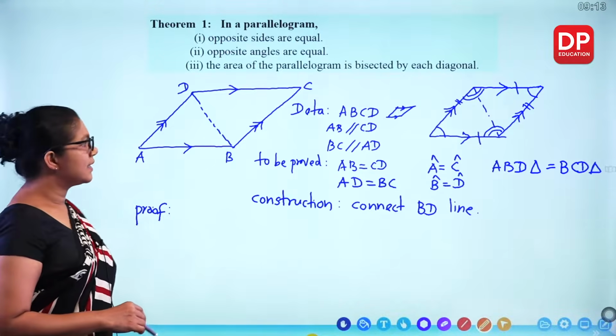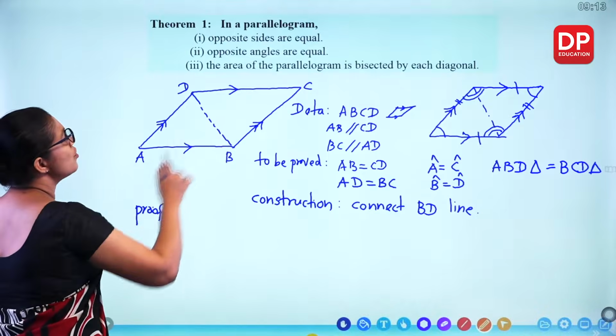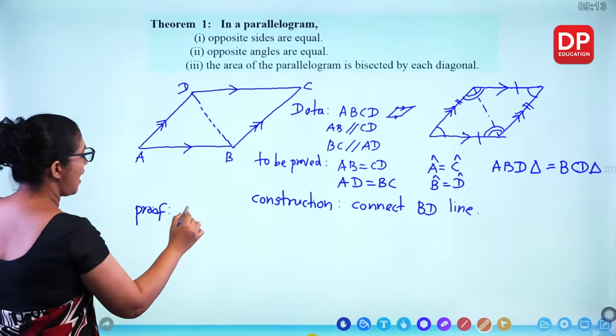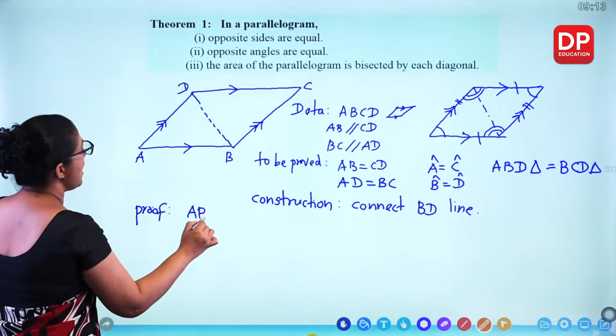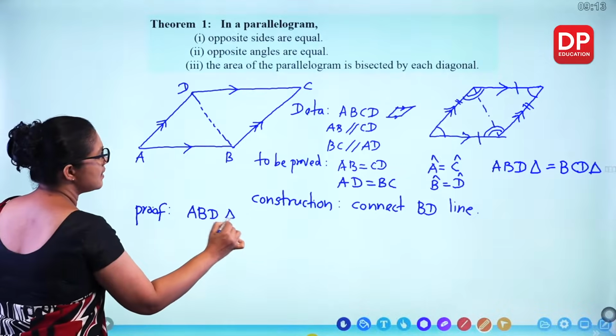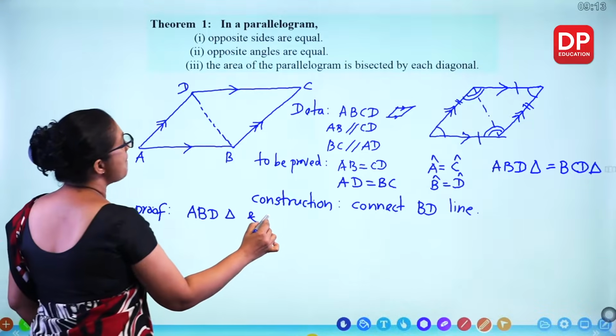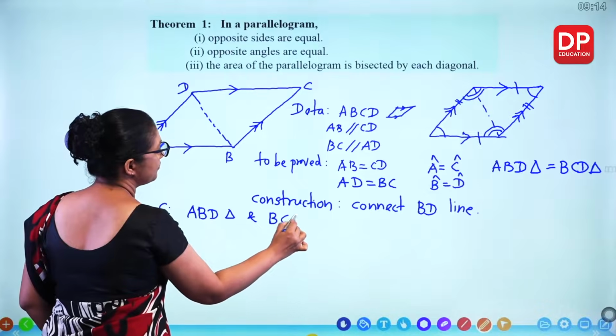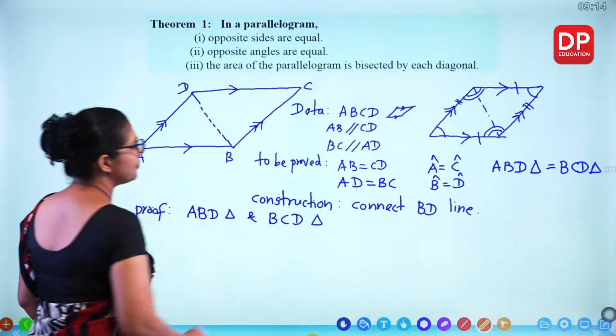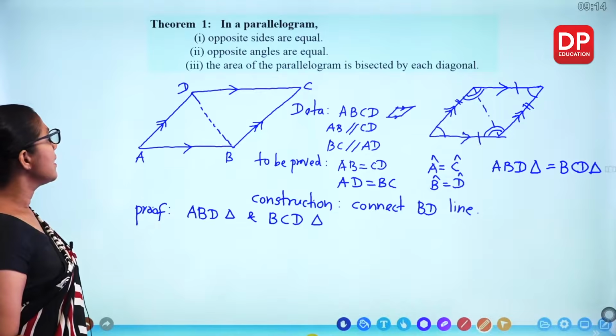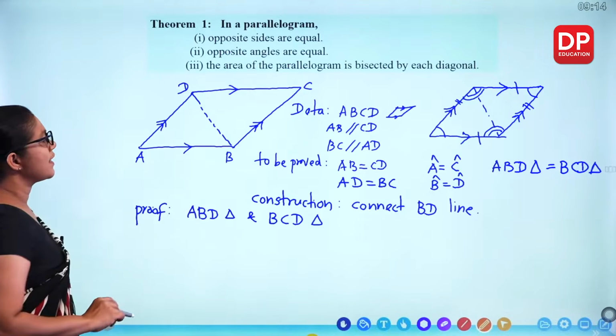Now we'll take these two triangles. I want to check triangle ABD and triangle BCD. What can I say about these two triangles?